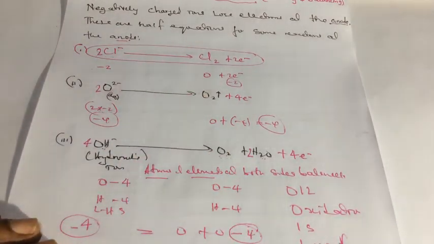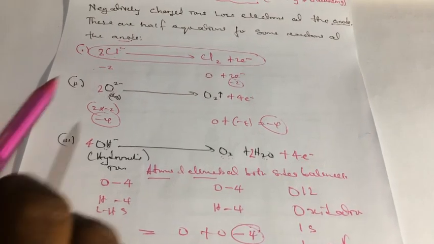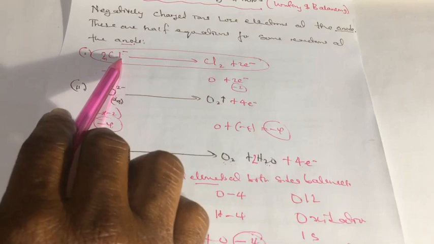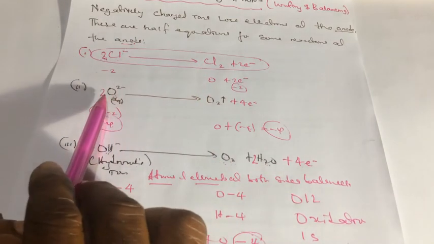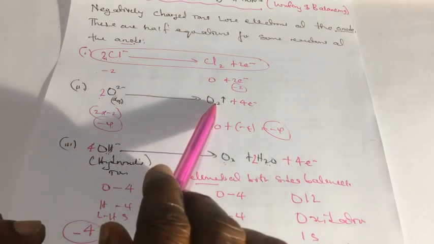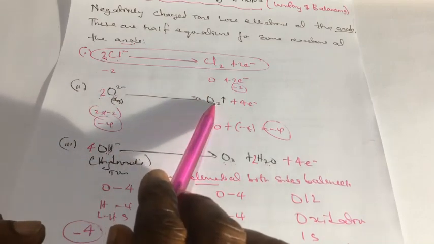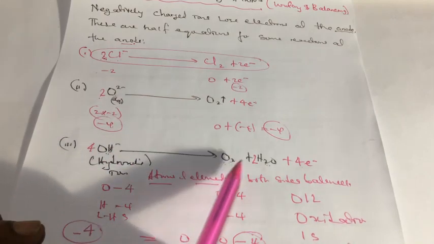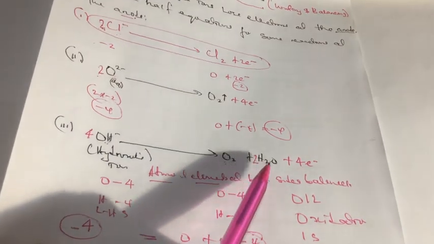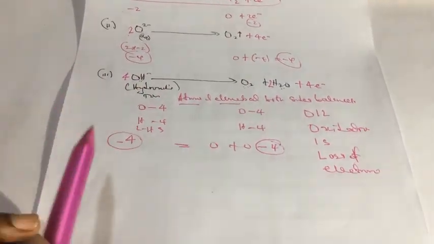All of these are carrying out oxidation. That means the chloride ion is being oxidized to chlorine gas, and oxide ion is oxidized to oxygen gas at the anode. Hydroxide ion is oxidized to oxygen gas and water. Don't forget. Now, these electrons, where did they move to?